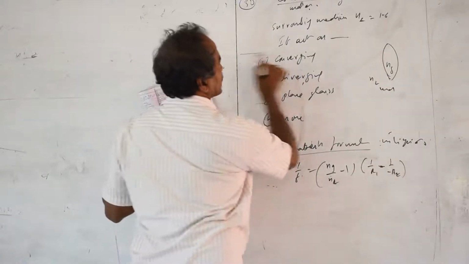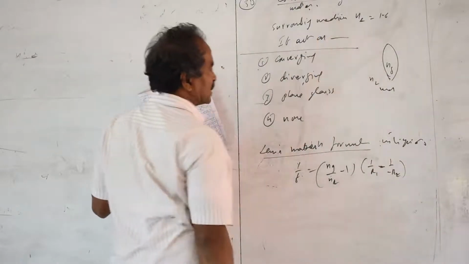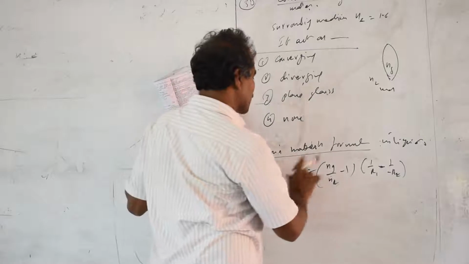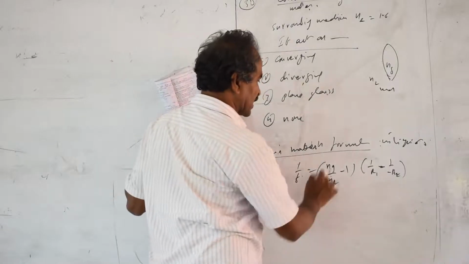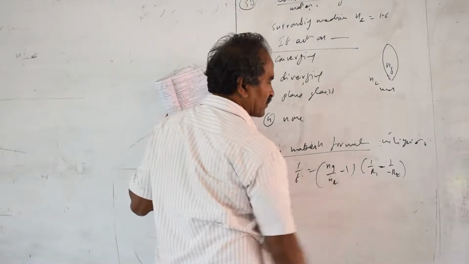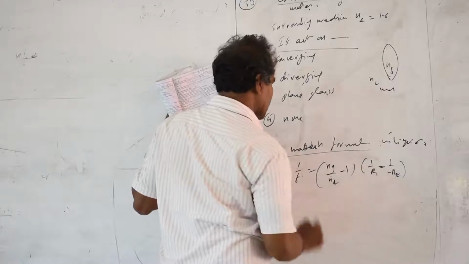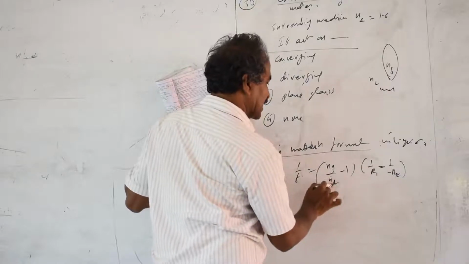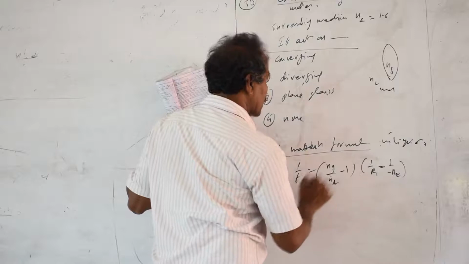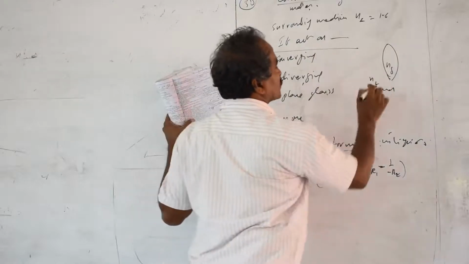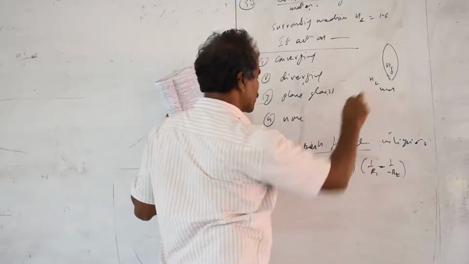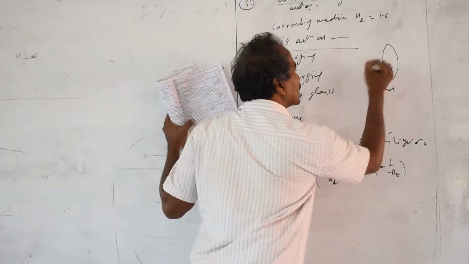Then it acts as a convex lens, meaning a converging lens, where the lens maker's formula is 1 by focal length in the liquid equals n glass by n liquid minus 1, into 1 by R1 minus 1 by R2. In case you are taking Ng greater than NL, this becomes positive. A convex lens focal length is a positive value. If that remains positive, the glass refractive index should be more than that of the surrounding medium.